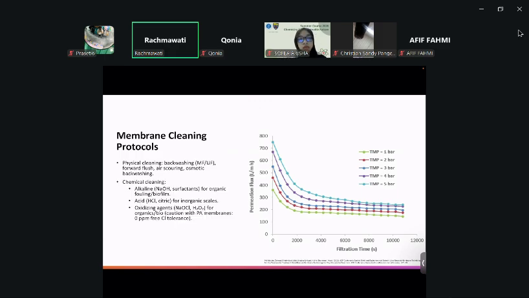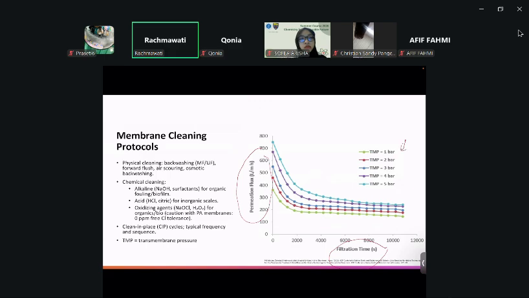You can also have chemical cleaning using alkaline, acid, oxidizing agent, and so on, depending on which one you want to remove. And then you can have clean-in-place cycles with typical frequency and sequence, or a combination of them.